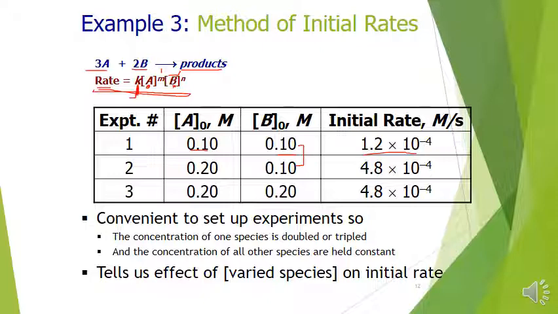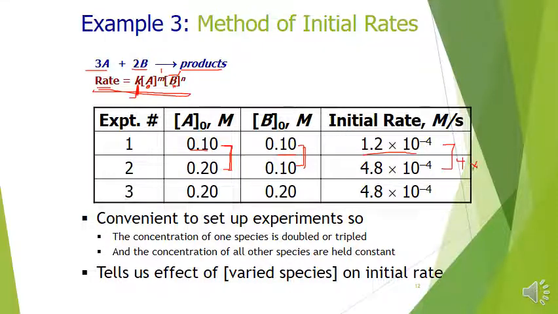The reason why we do that is that, in a way, we've gotten rid of B as a variable, because we held it constant between these two. So the only thing that the rate is related to is A, not B. If you notice here, if I doubled A, the rate went up by 4 times, and we'll get into that.